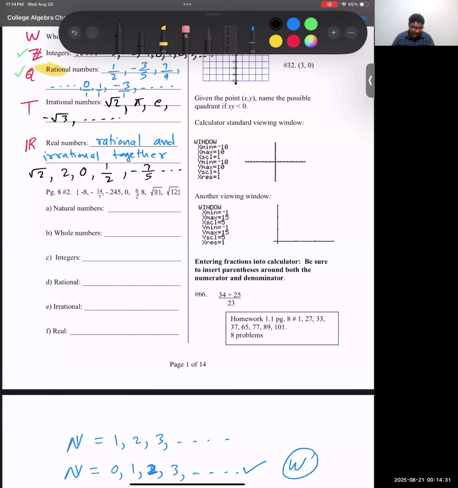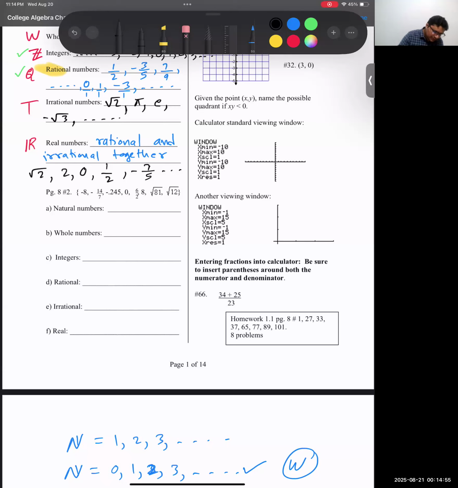You see this A, B, C, D, E, F, these categories. In each of them, write the numbers that belong to that category. And notice that some numbers will repeat. Whatever is a natural number will also be included in the whole numbers, and that will also be included in the integers. Some will belong to only one category. That you have to figure out.